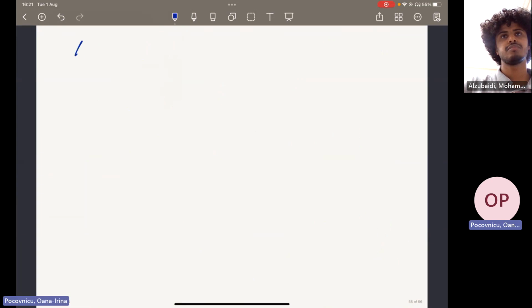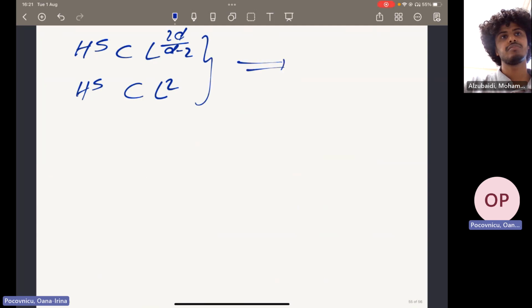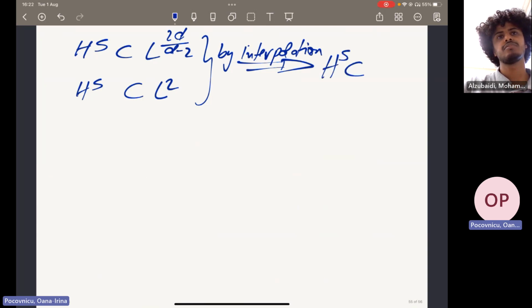We showed H^s is in L^(2D/(D-2)), but also in L^2. And by interpolation, which is a little calculation you can certainly do, you get that H^s is embedded in any L^p. Again, to be rigorous, we should write R^D.